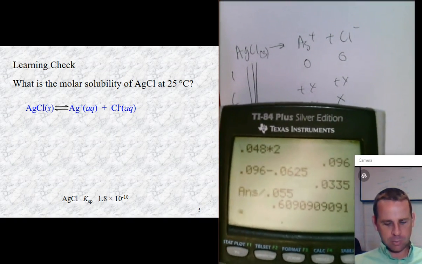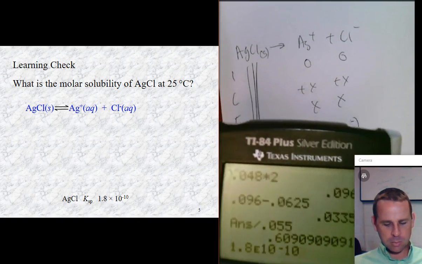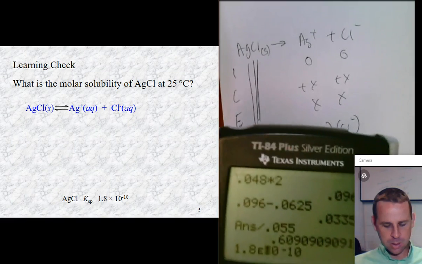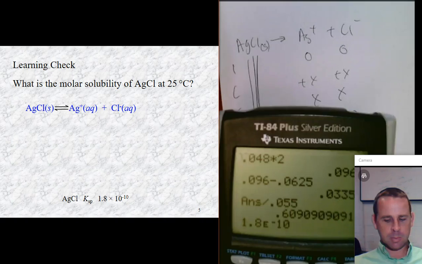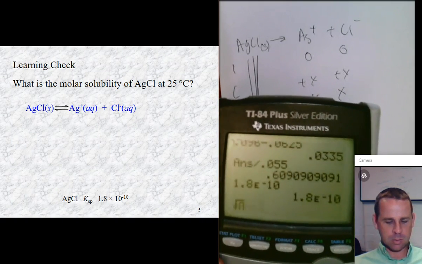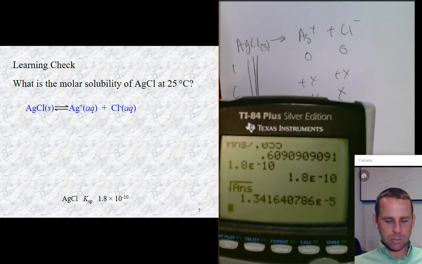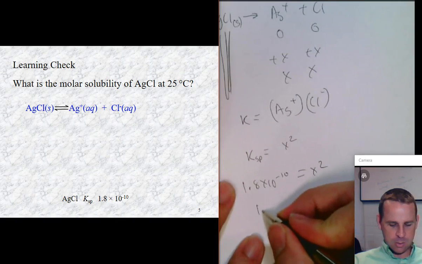So if I take the square root of 1.8 times 10 to the minus 10, 1.3 times 10 to the minus 5 ends up being our value for x.